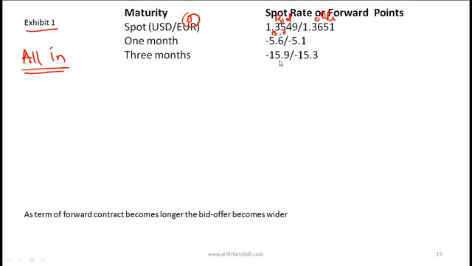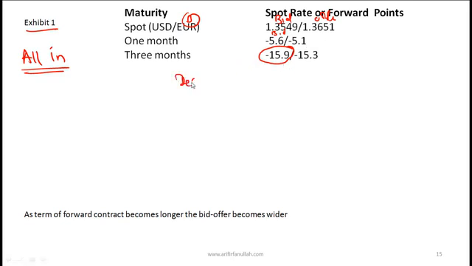But what if we are interested in a 3-month forward contract? So if we sign a 3-month forward contract, what will be the 3-month bid rate? The way we do that is, this is a number that tells us the forward points. To convert forward points into decimal, we need to divide by 10,000.